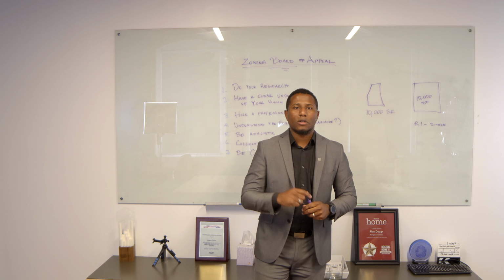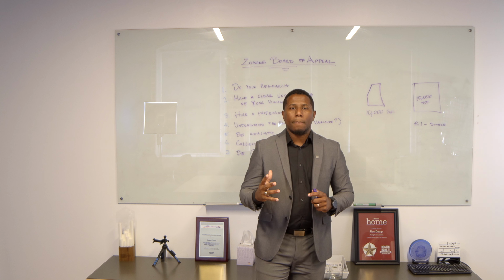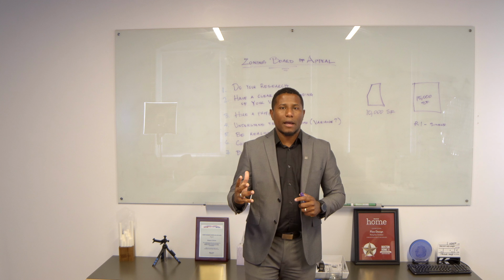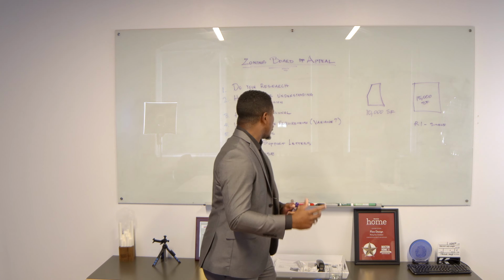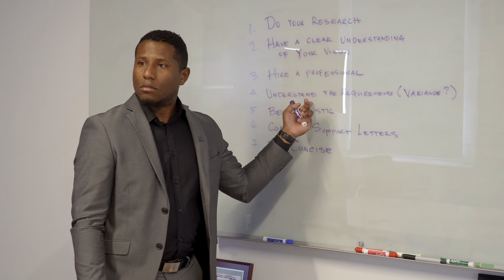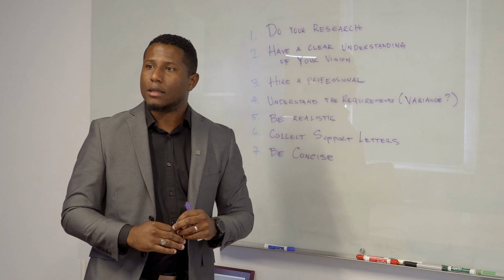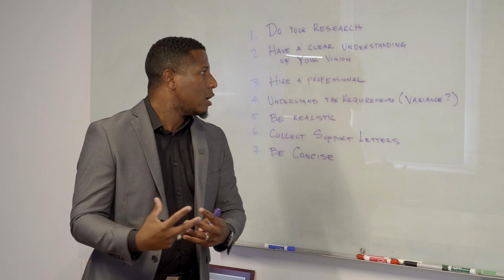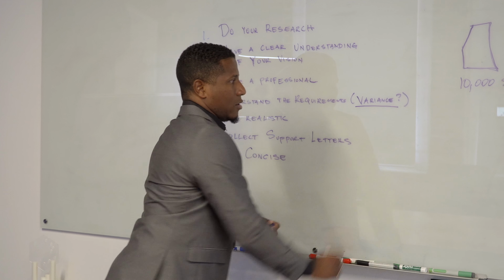But let's say, for example, it's 15,000 square feet in the district that you're looking at, and you're asking for a variance for that. You need to make sure you know that requirement. Go online, download your zoning bylaws, understand what you're asking for, because that's going to inform what variances you're looking for.